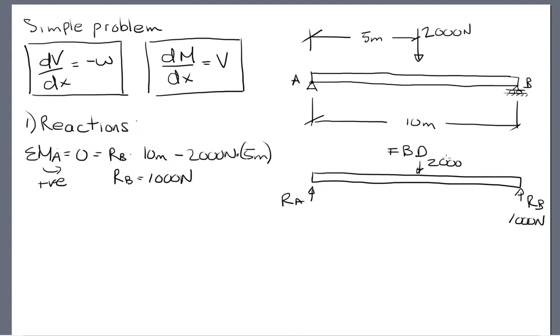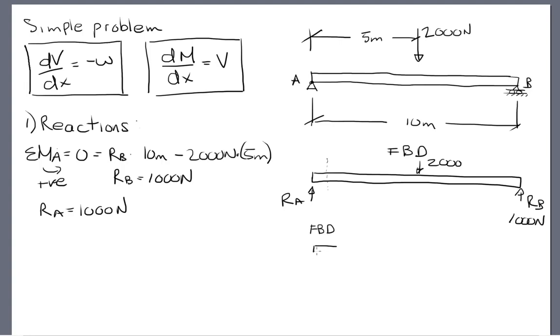So RB is equal to 1,000 newtons. This is 1,000, this is negative 2,000, then RA must be 1,000 newtons. For the shear curve, the first thing we want to do is use the method of sections right there. Draw another FBD.